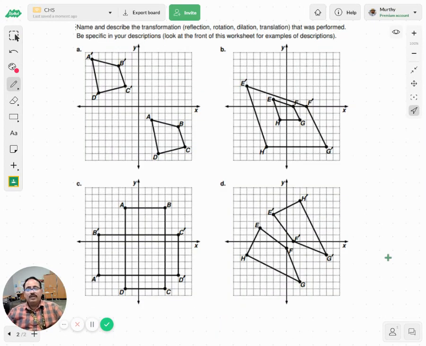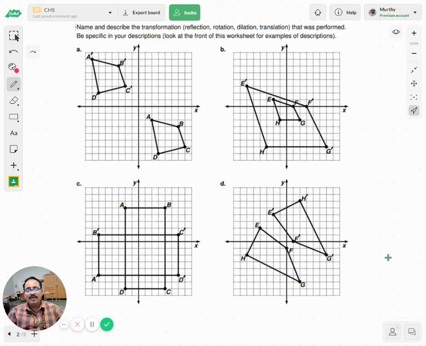The next question is, name and describe the transformations. Here is the tricky part. Most of you might be thinking that this figure is moved to the right side, then it's gone down. If any of you are thinking that, this is not correct, because you have to pay attention to the symbols given.